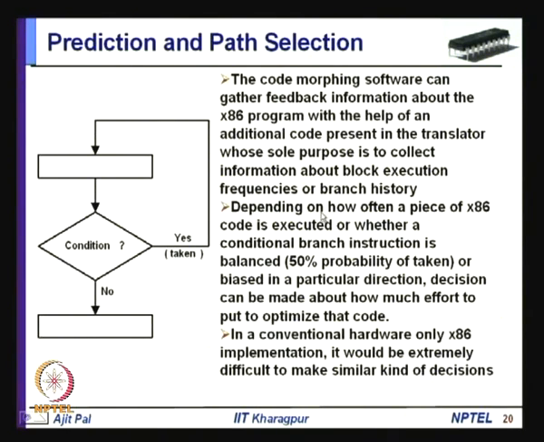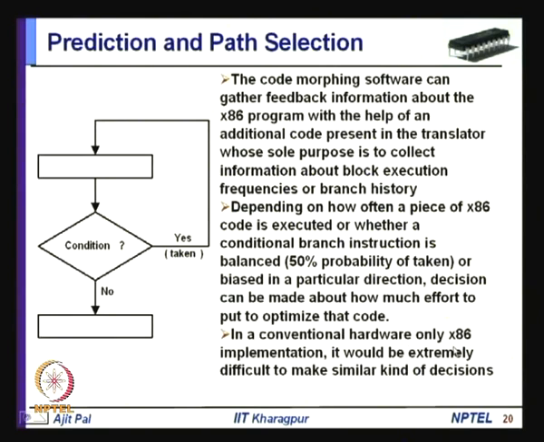So, depending on how often a piece of x86 code is executed, or whether a conditional branch instruction is balanced or biased in a particular direction, a decision can be made about how much effort to put into optimizing that code. If it is 50% probability, then of course there is no bias in any particular direction. So, whether you will put more effort to this code or that code is decided by this prediction and path selection.